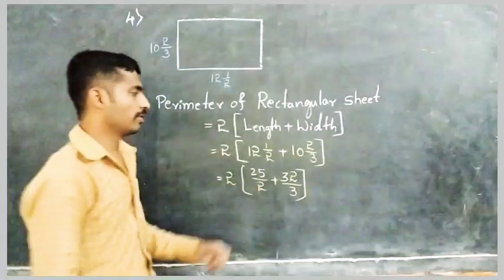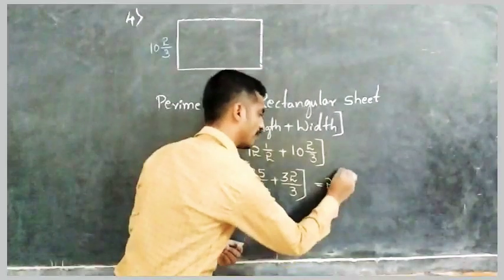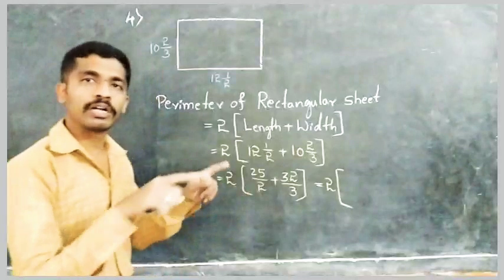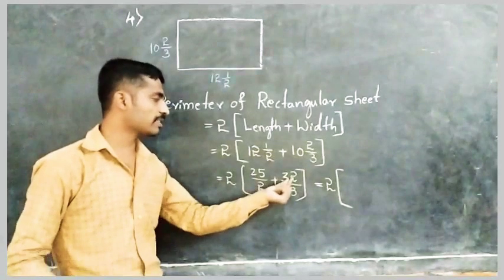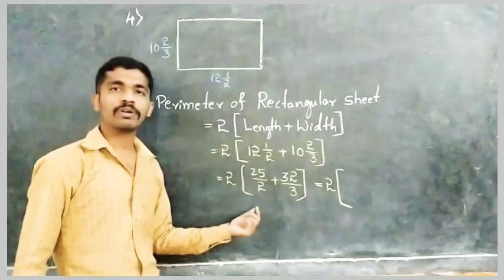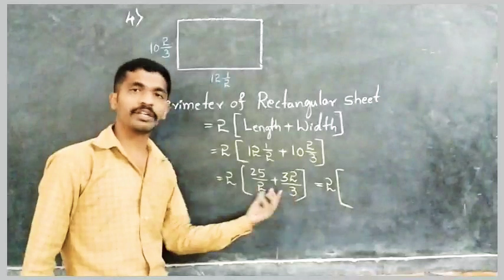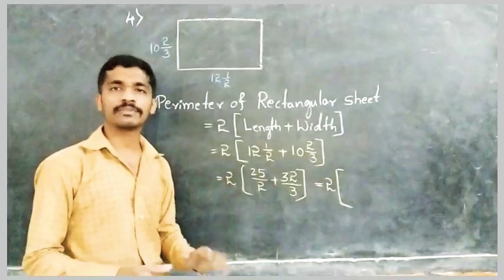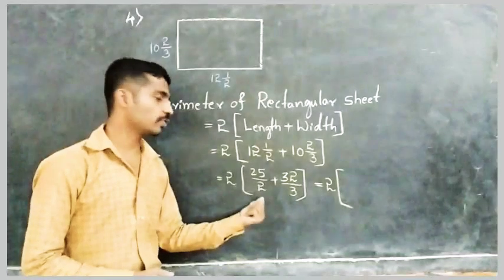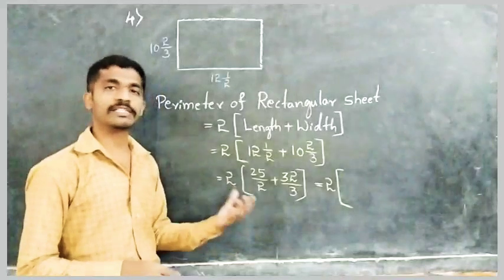Okay, so 2 is there, let's write 2 like that only. First you have to clear the things in the bracket. So 25 by 2 plus 32 by 3. The denominators are different, so here 2, here 3. Take the LCM. LCM of 2 and 3 is 6, because 3 2s are 6, 2 3s are 6. The 6 is in both tables, so it is easy.